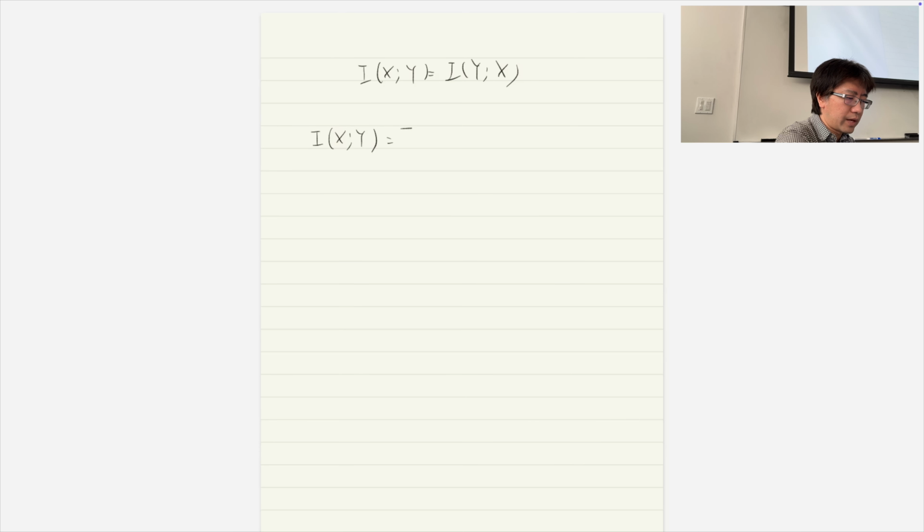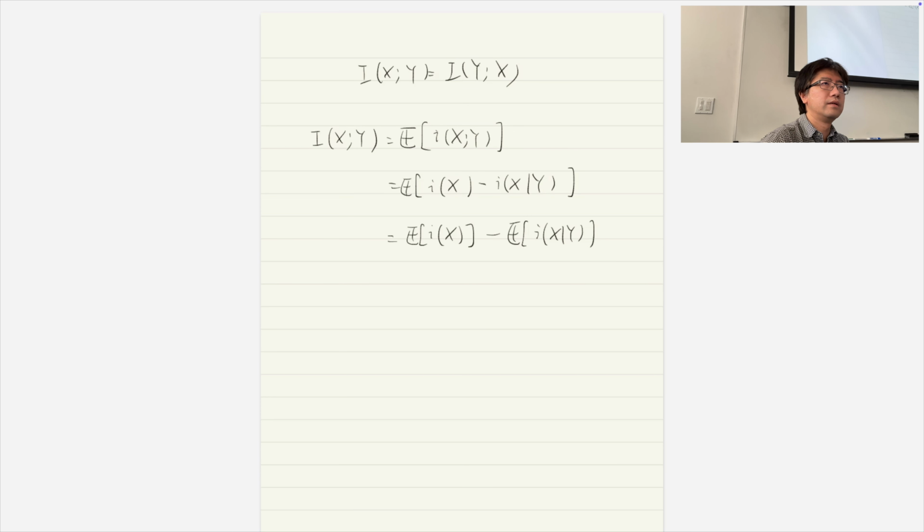We know this equals the expectation of self-mutual information, and the definition of self-mutual information is the self-entropy of X minus the conditional self-entropy of X given Y. If we separate those two, minus the expectation of I(X given Y). So what is the first term? What does that equal to?